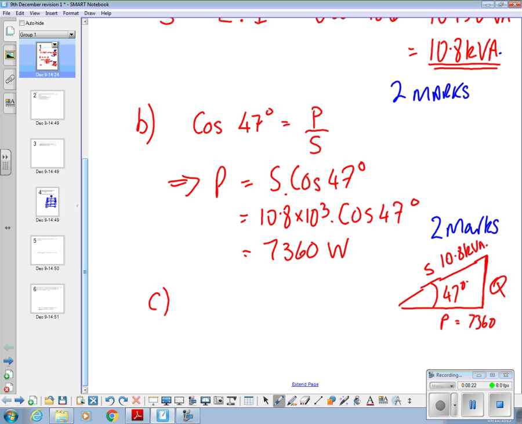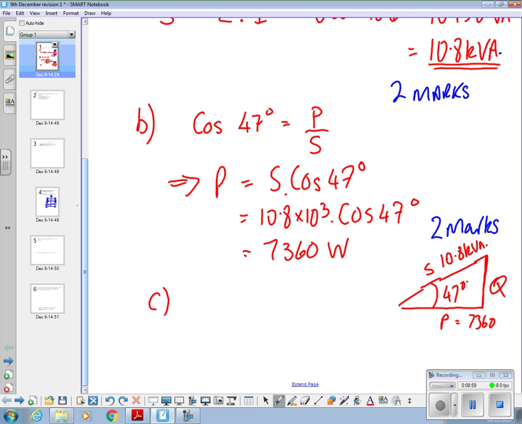This type of thing really helps: draw a triangle, get that relationship down, and write what you've found out somewhere on the page, perhaps in a margin on the right-hand side. That's a triangle, a phasor diagram, whatever you want to call it: P is the horizontal, Q is the vertical, and S is the hypotenuse.